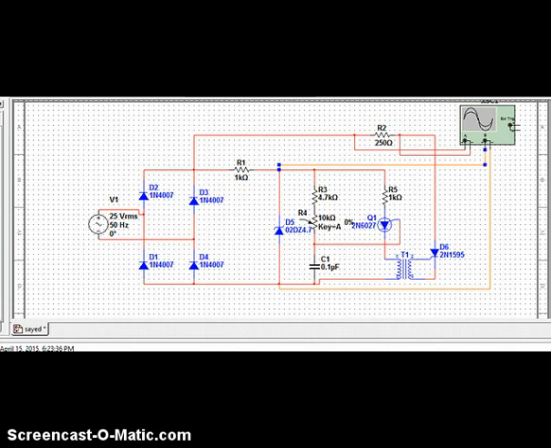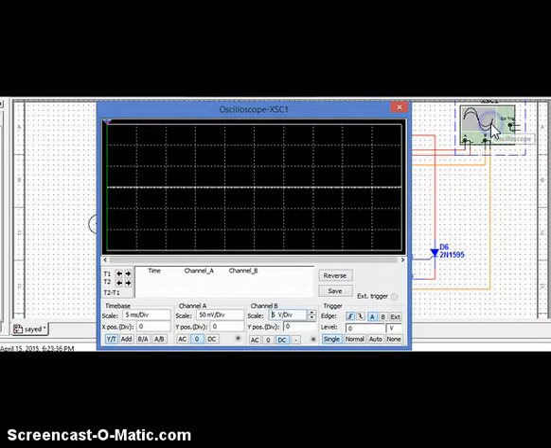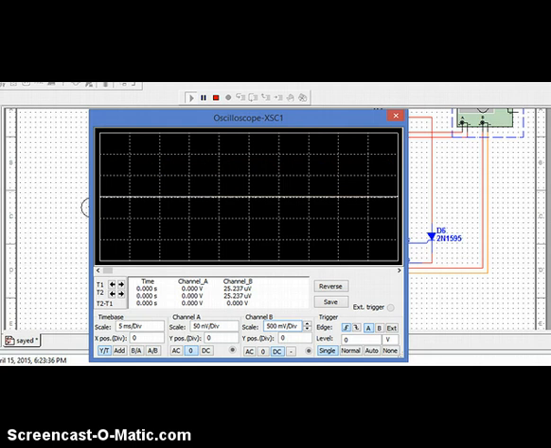In order to see the voltage across the capacitor, connect channel B across the capacitor. The waveform of capacitor charging and discharging is as shown in the graph.